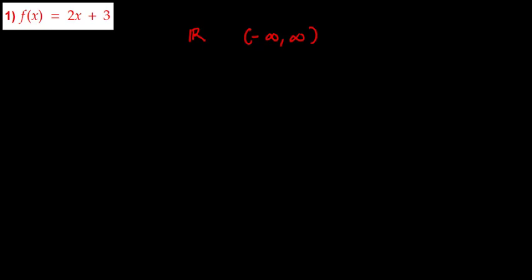And also, it turns out that for the linear function, the range is also the set of real numbers. So for any linear function, the domain and range is the set of all real numbers.